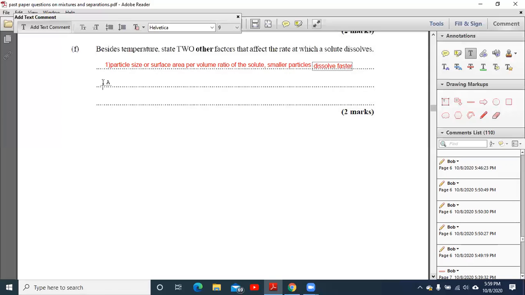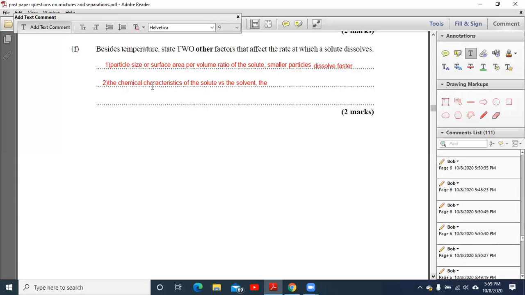And 2, the type of solute. I shouldn't say the type, I should really say the chemical characteristics of the solute versus the solvent.